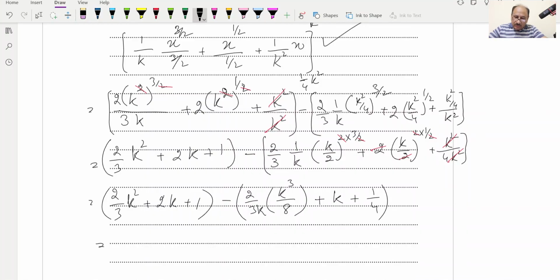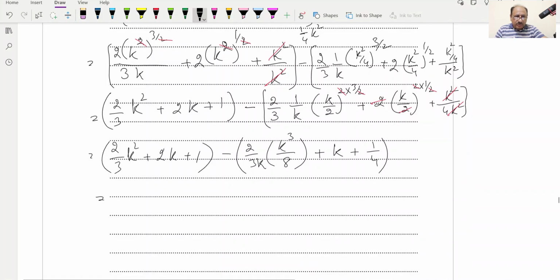This is a little lengthier calculation, but I'm trying to be as explanatory as possible. So plus 2k plus 1, and we can cancel this k with this one, and it will switch to 2, and this 2 will be cancelled, and we'll get 4, and our step will be k squared over 3 into 4 will be 12.